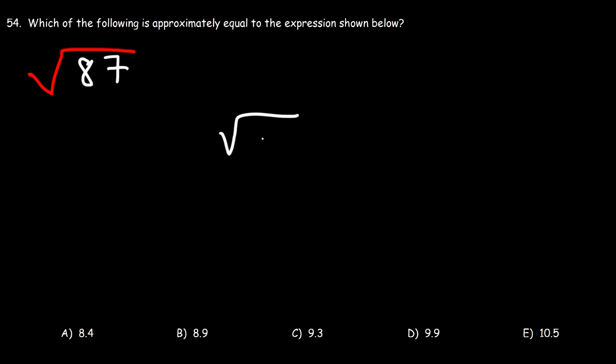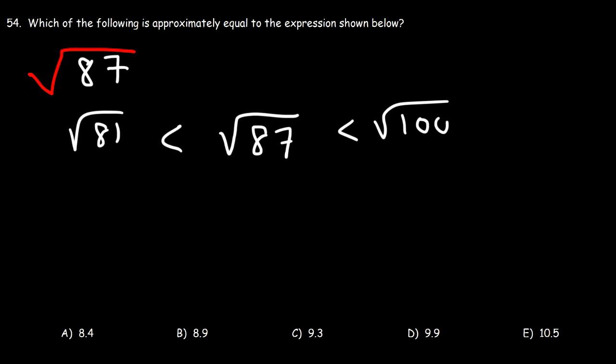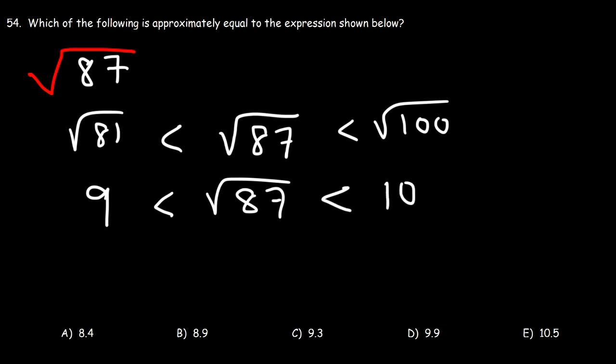The square root of 87 is greater than the square root of 81, but it's less than the square root of 100. So 81 and 100 are perfect squares, because we know what the square root of 81 is. It's 9. 9 times 9 is 81. And the square root of 100 is 10. So the square root of 87 is somewhere between 9 and 10.